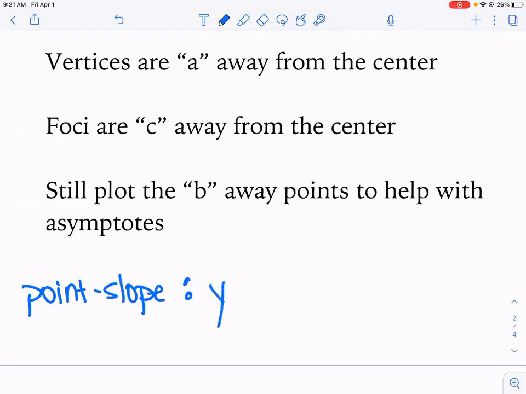Point slope form is y minus y1 equals slope times x minus x1. We're going to go ahead and use that form to write the equation of the line. Once people have written down what they want, I'll talk about why that's going to be helpful for us.